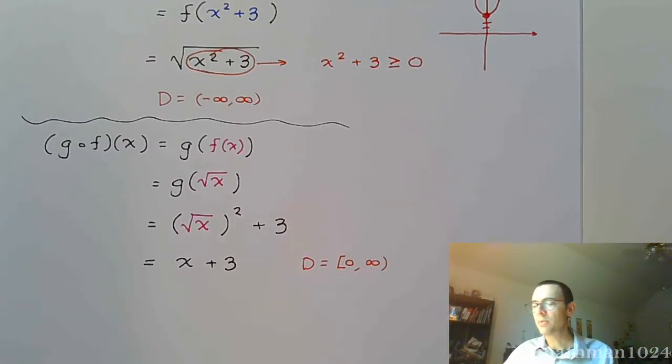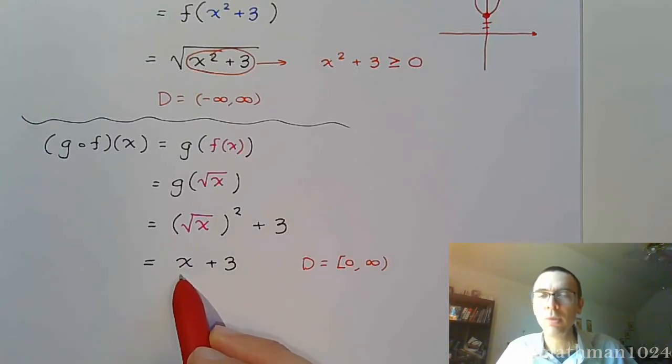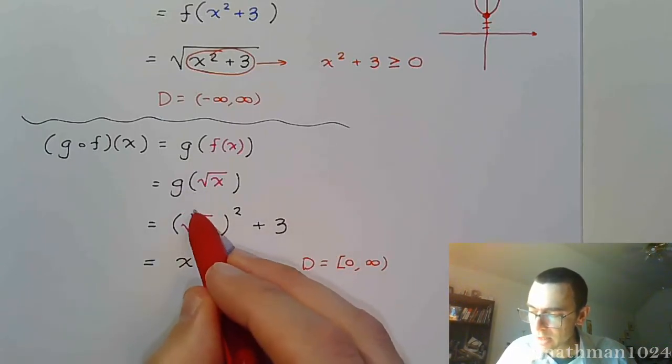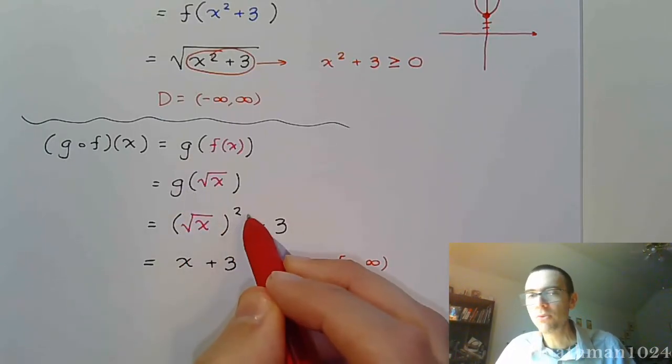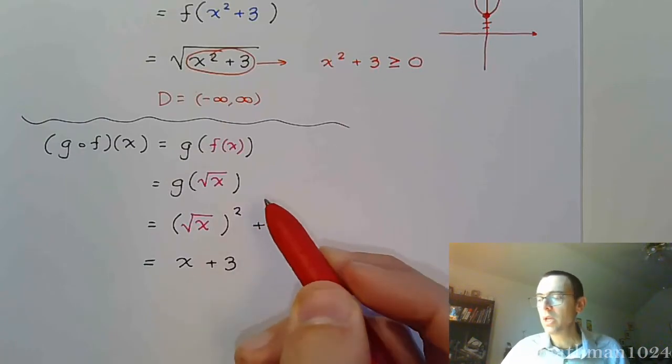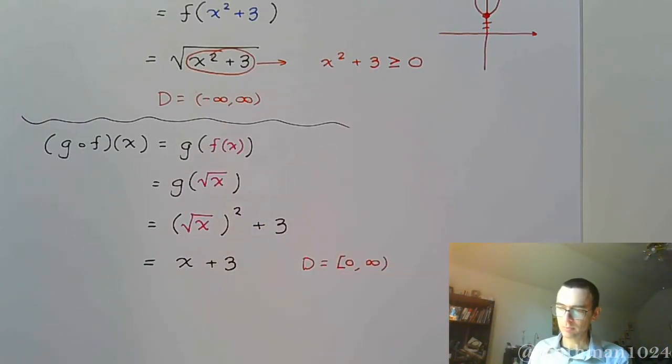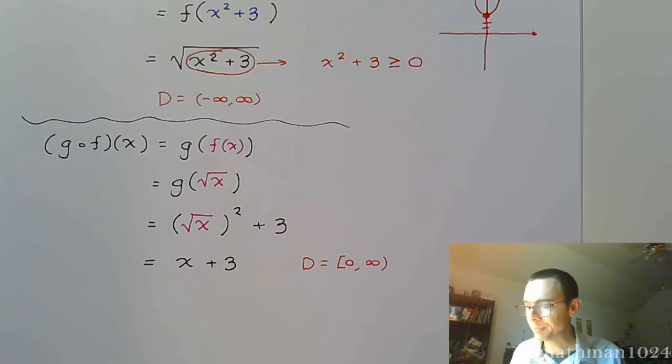Okay? And you might say, well, I don't see why I can't plug a negative in here, because really what's going on is that you would have to take care of the square root first before the square, right? And so we have to make sure that we are sticking with real numbers all the way. It's kind of weird, but that's just kind of the way things go on this.